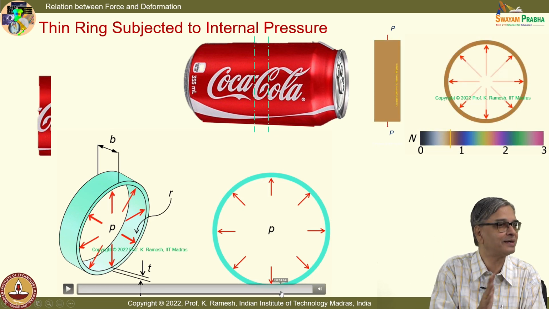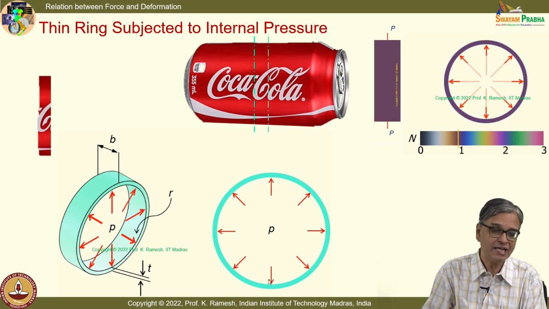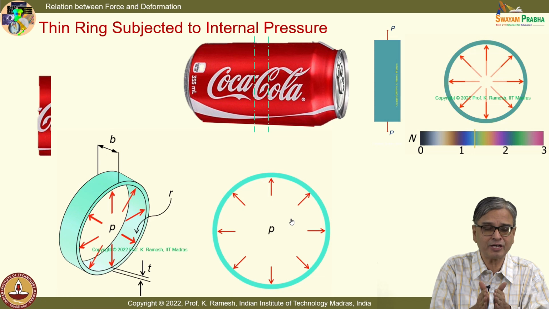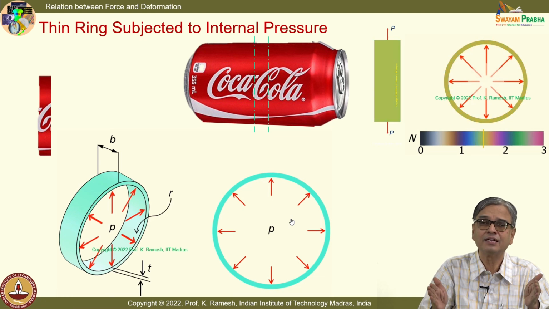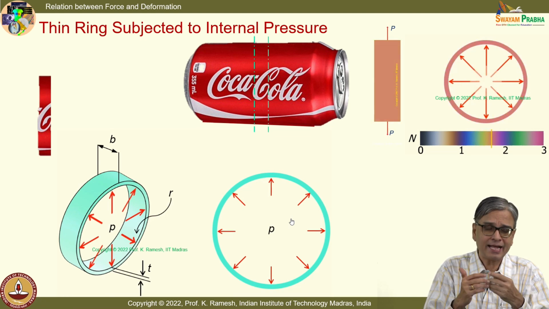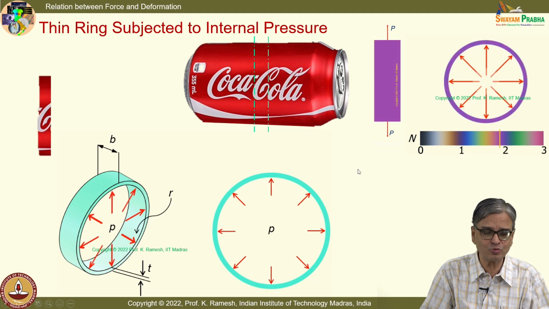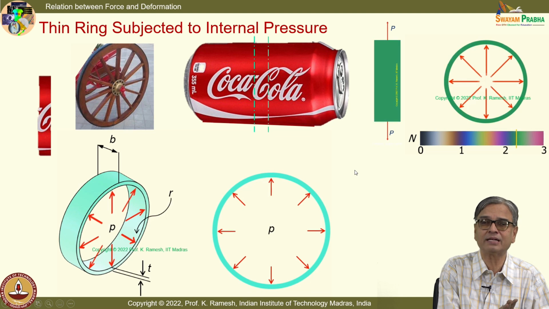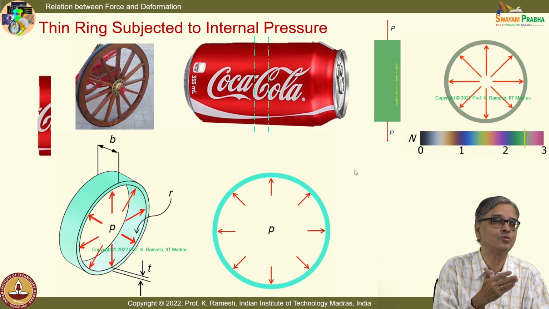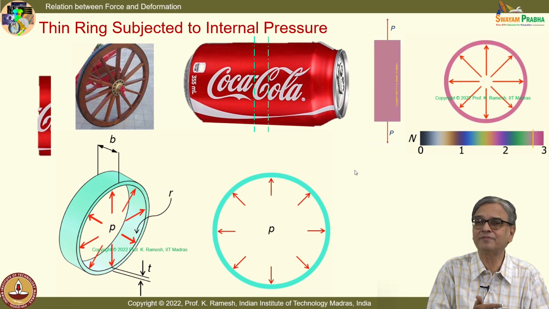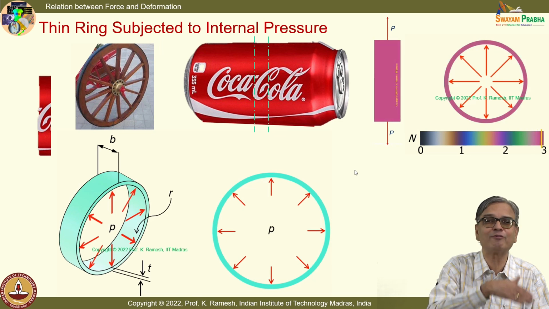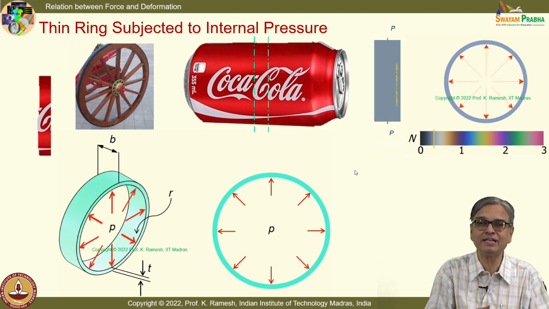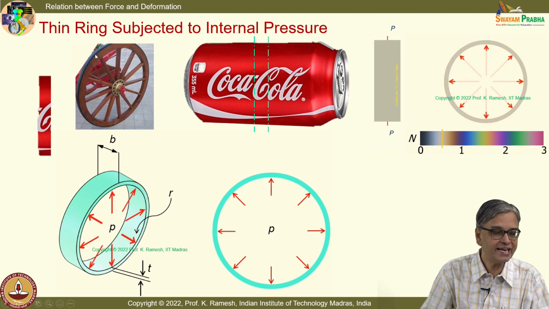Now, we have to go to mathematics and then get it done. If you actually solve this, it is not a thin ring, but it also has closed ends. I have taken this because that is what you see these days. Ideally, I should have taken a problem like this. When I grew up, we used to see horse driven carriages like this. They will have a wooden wheel, and if they want the wheel to have a long life, they will put a steel rim.